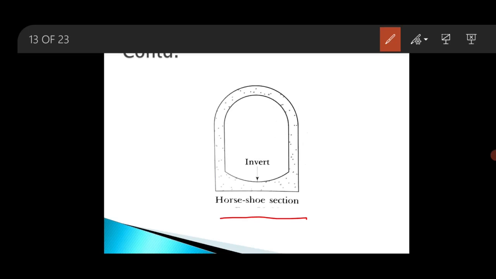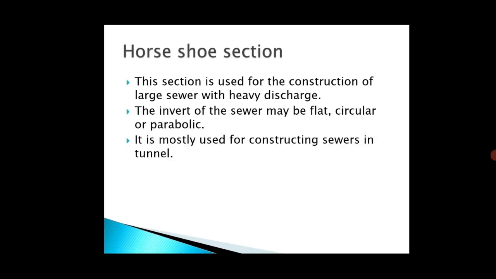This section is also suitable when the available headroom for the construction of the sewer is limited. The invert of the sewer, that means the lower portion of the sewer, may be flat, circular or parabolic. Its top is semicircular with sides inclined or vertical. It is mostly used for constructing sewers in tunnels.